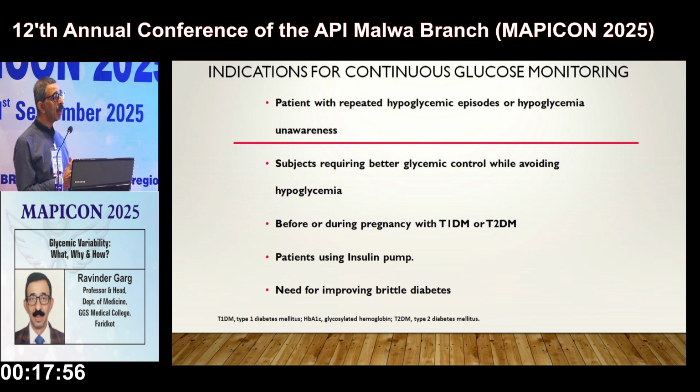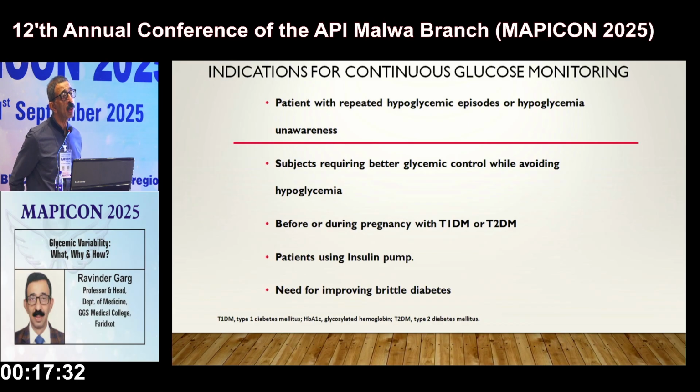Glycemic variability is basically detected by continuous glucose monitoring. Now, what are the various indications of continuous glucose monitoring? Patients who are going repeatedly into hypoglycemia, or who are unaware of hypoglycemia, subjects who want better control of diabetes, avoiding hypoglycemia.